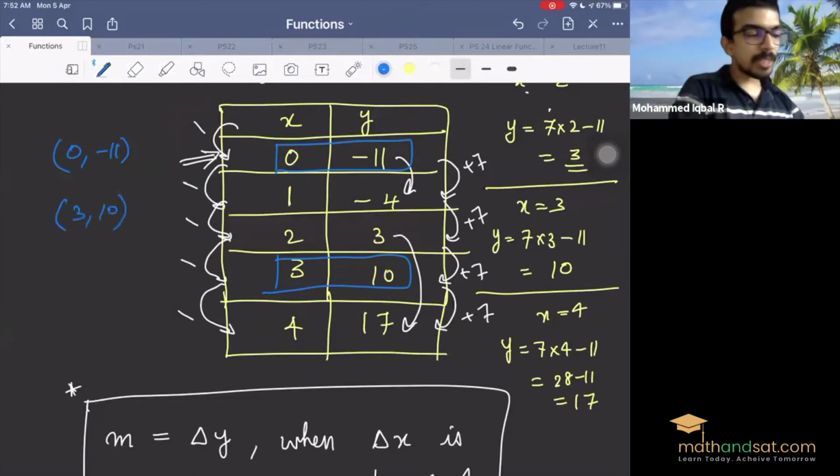Can you tell me what is change in y over change in x? Delta y by delta x. What is the value?